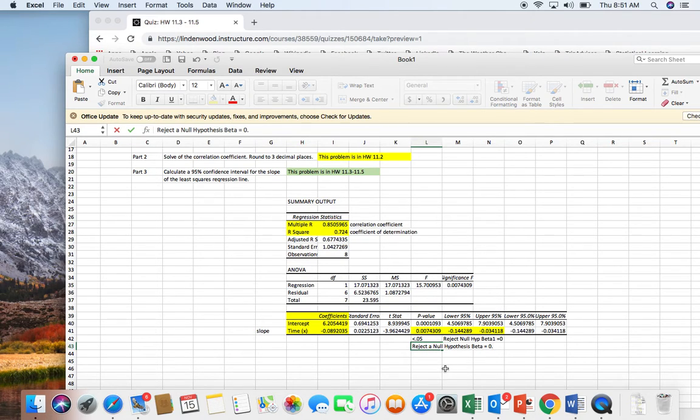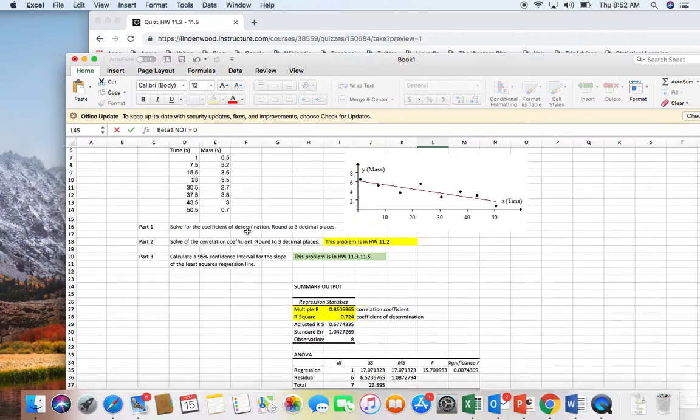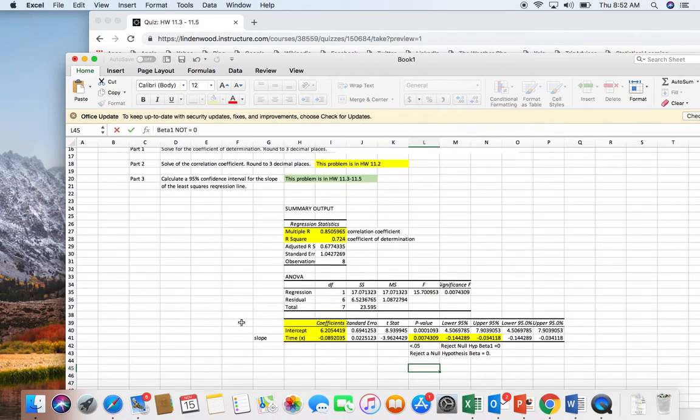So with both checks, we have determined that beta 1 is not equal to 0, and it is a good predictor for the response variable y, which is mass.